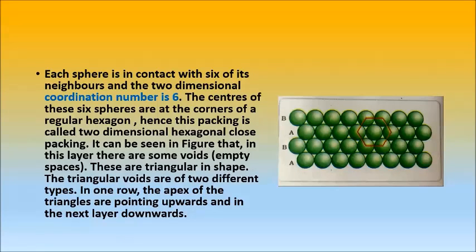You can see here the first layer's gap, the apex pointing downward. Now the second layer's gap, the apex is pointing upward. In the next layer it's going down, again here it's going up. So there are two types of voids, or shapes.